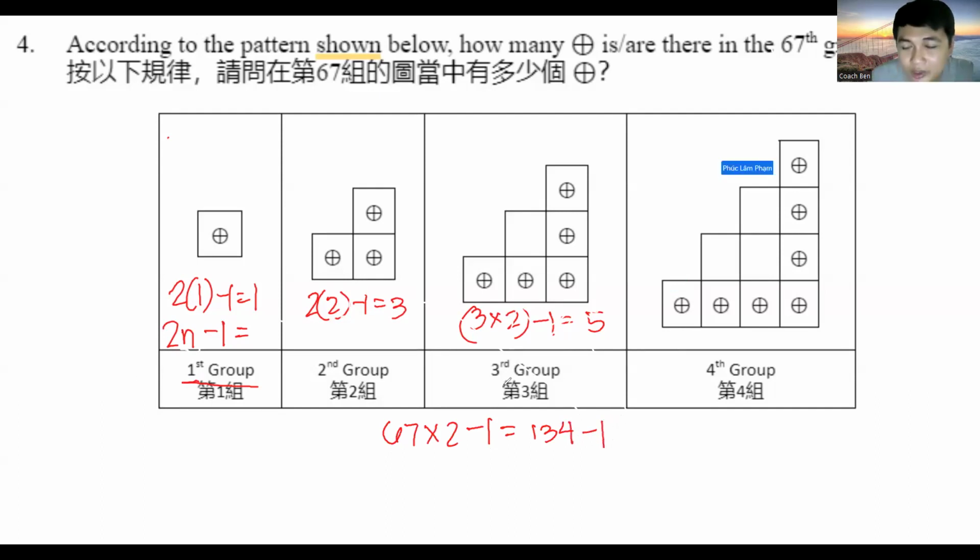Again, please stop writing on the board. So the correct answer then, 67 times 2 minus 1, 134 minus 1, that is 133, and that is going to be our final answer for number 4.